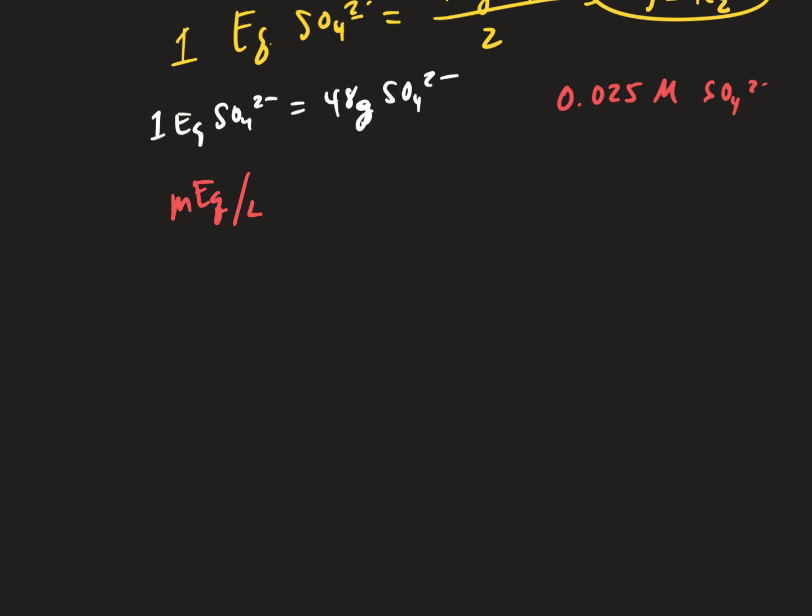We know what we're looking for, and we know what we know. So we should start with what we know. 0.025, and should I just leave that as capital M? It's not very useful that way. Let's change it to moles per liter, right? So 0.025 moles of SO4 2 minus per 1 liter of solution.